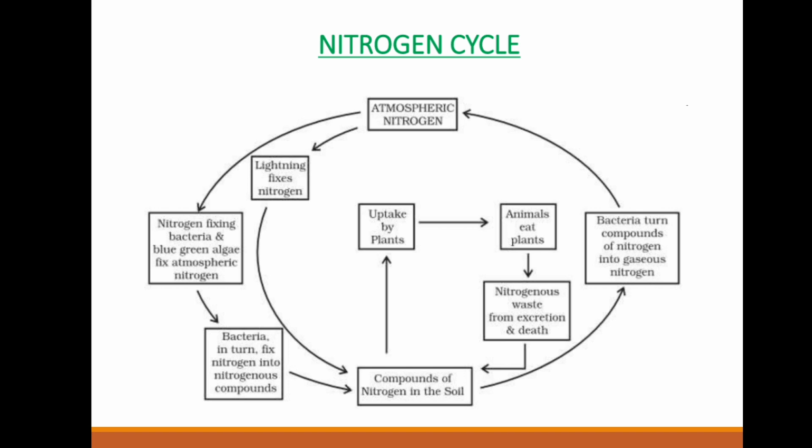This atmospheric nitrogen is taken up by plants, and when plants die, those nitrate and nitrite compounds get broken down and mixed in the soil again, and atmospheric nitrogen is released back to the atmosphere. Oxygen is also released back to the atmosphere. So in this way the nitrogen cycle goes on. We will discuss it in detail here.